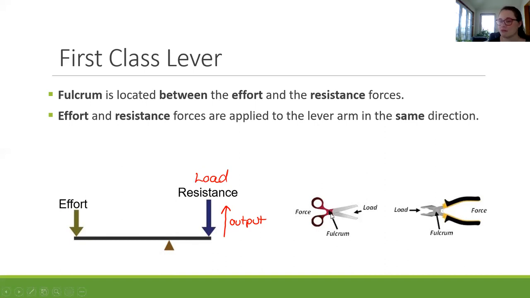Examples, scissors, they're a great example, and pliers. Anything like that that you squeeze, typically they're going to be an example of a lever, and it's a first class lever because you have load on one side, fulcrum on the other, and force on the other. Okay, so that's an example of our first class lever.